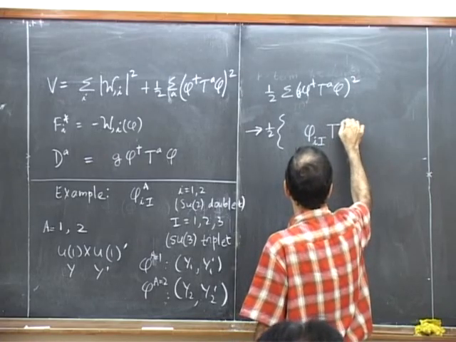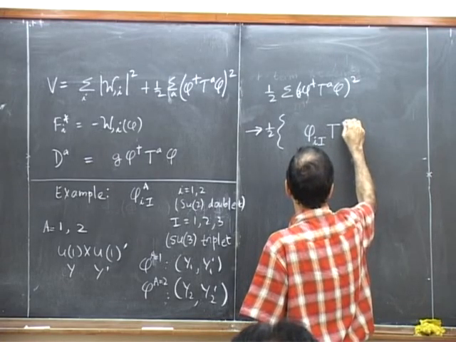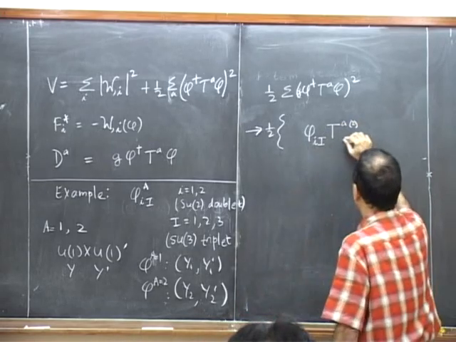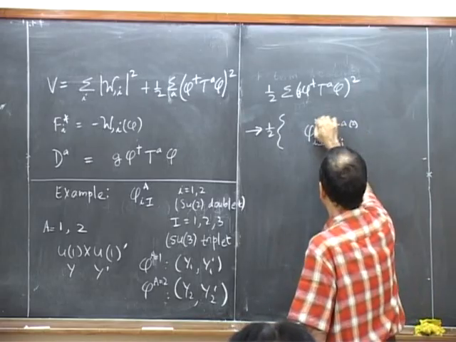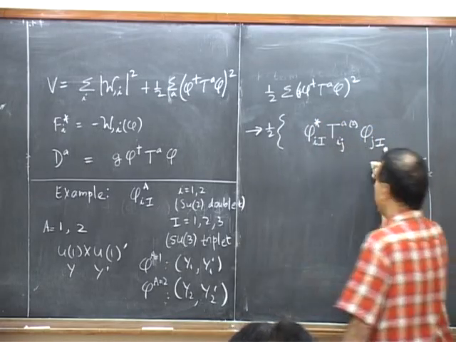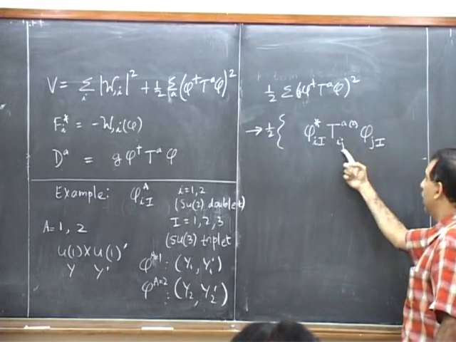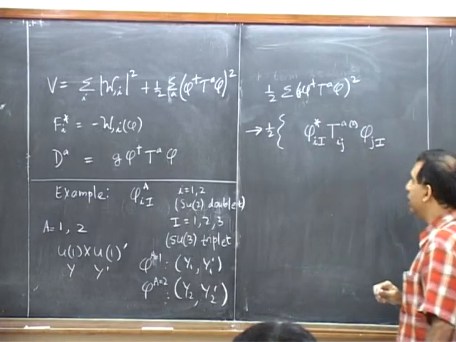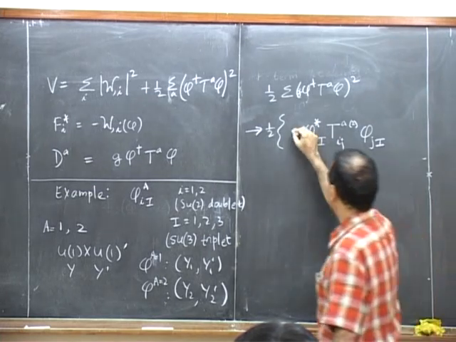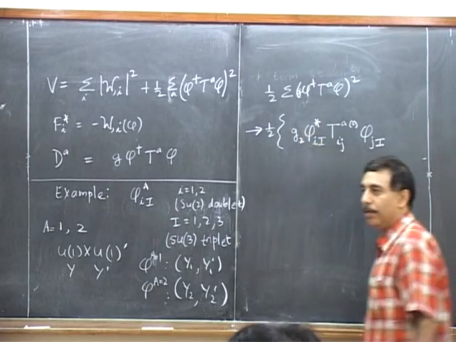I'll put now the generators of SU2, I, J, star, phi, J. So capital I is contracted diagonally while I and J are contracted by SU2 matrices. Okay, so I claim this is one term, and this should be multiplied by the coupling constant of SU2.